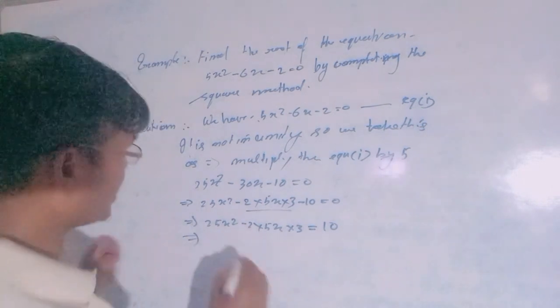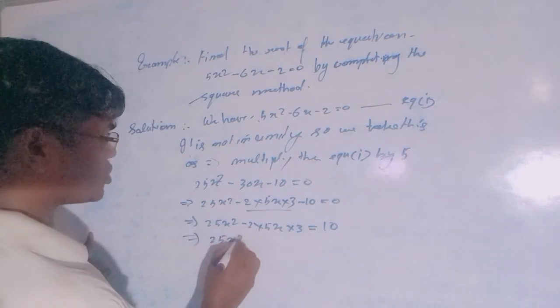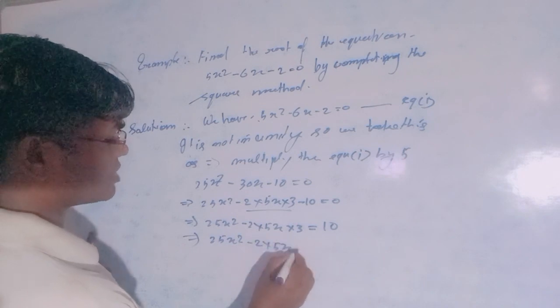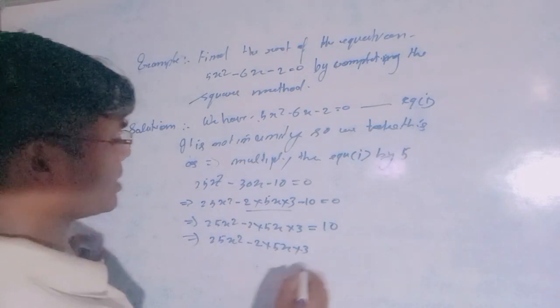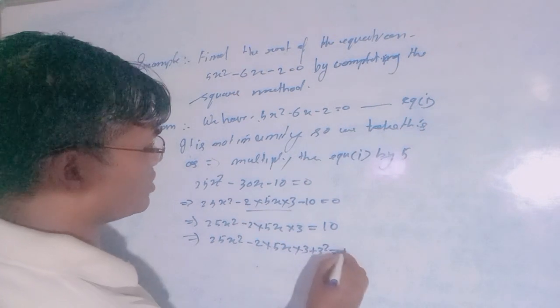So right here, 25x square minus 2 into 5x into 3 plus 3 square is equal to 10 plus 3 square.